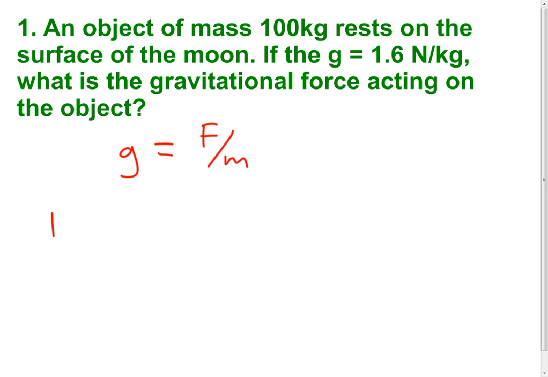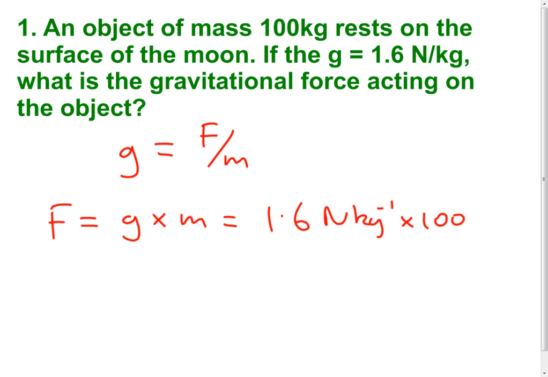So force is going to be gravitational field strength times mass, which is 1.6 newtons per kilogram times 100 kilos, which should be 160 newtons, which is significantly less than it would be on the surface of the Earth.